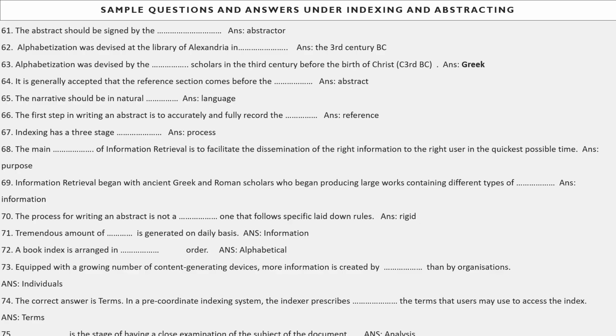Question number 62. Alphabetization was derived at the Library of Alexandria in the 3rd century BC. Alphabetization was derived by the Greek scholars in the 3rd century before the birth of Christ. So 46, it is generally accepted that the reference selection comes from the abstract.